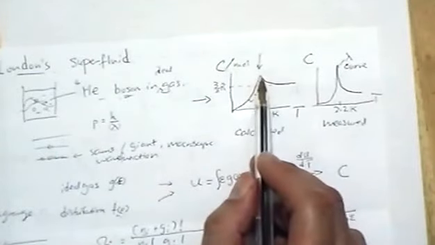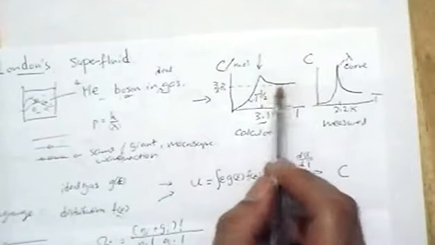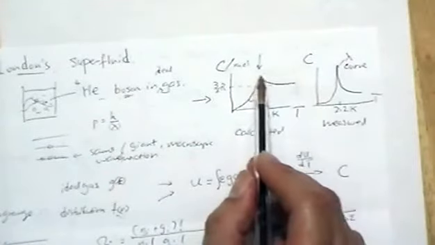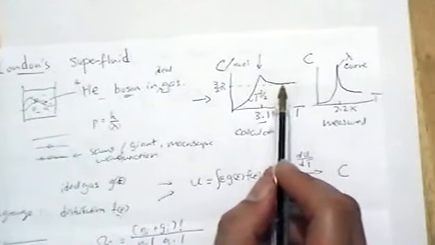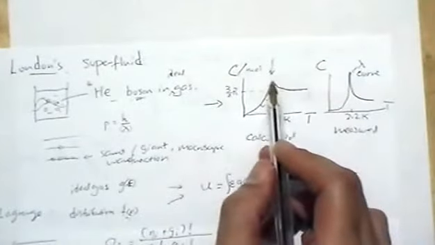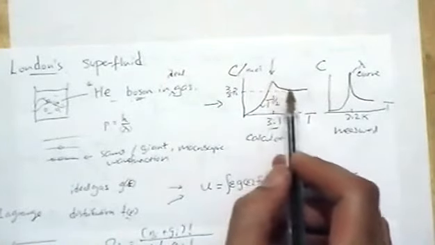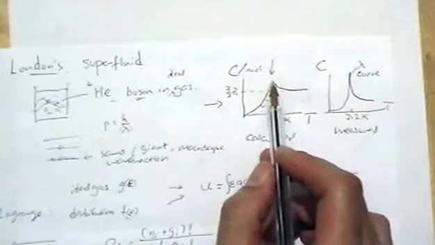We will not be looking at how to derive any formula for this curve. The formula for this curve was derived by Einstein some years before London proposed his superfluid theory. So we're just going to assume that it is some curve coming down from the peak.